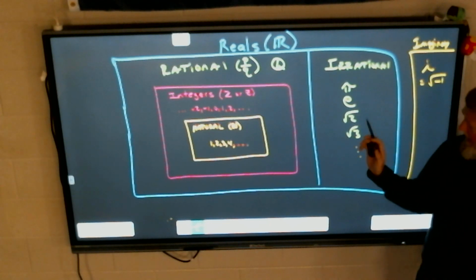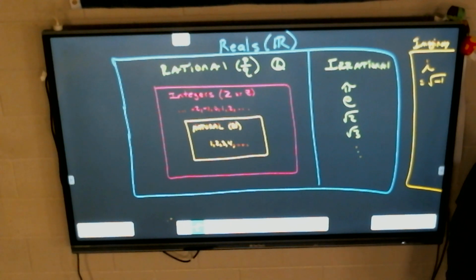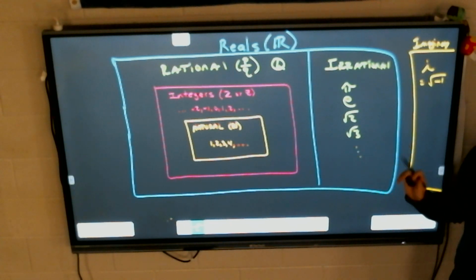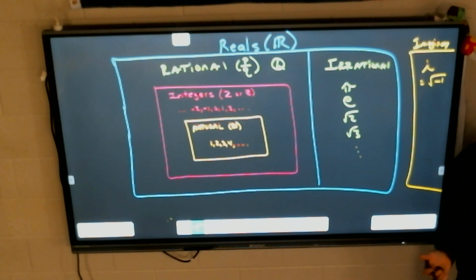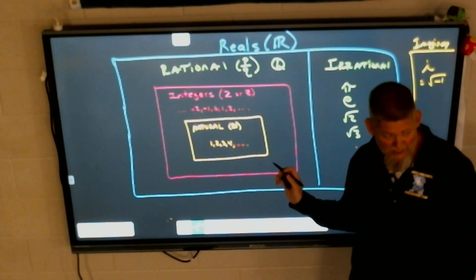And then, of course, irrational, and then rational, integers, and natural. There's actually one set that we never talk about, but when you were younger, in earlier education, they probably talked about whole numbers. Okay, what's the difference between a natural number and a whole number? See, the natural numbers are 1, 2, 3, 4, 5, 6, right?